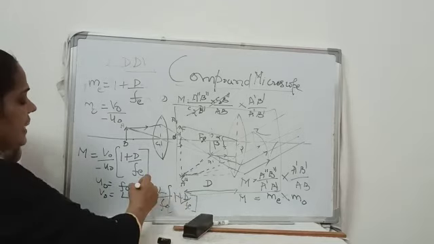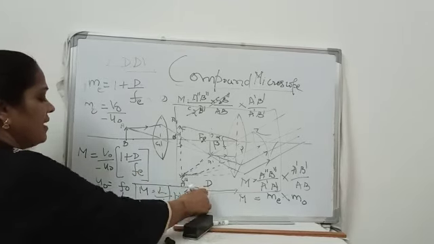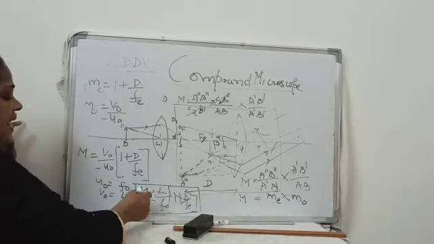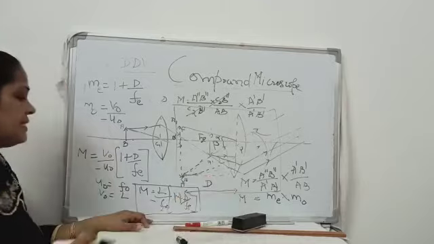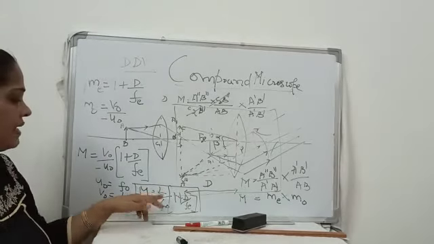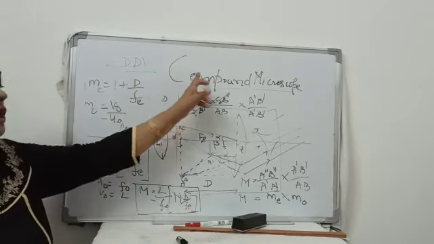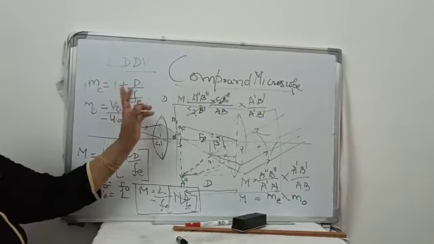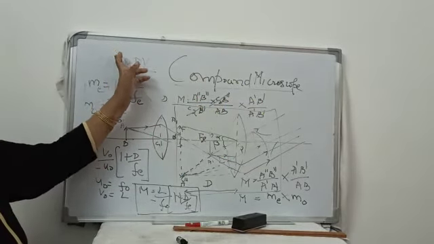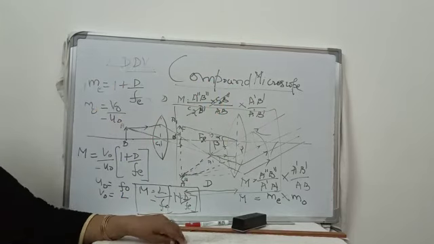Now here this negative sign is to show that the final image is inverted with respect to the object. So this is the expression for magnification of a compound microscope when the final image is formed at least distance of distinct vision.